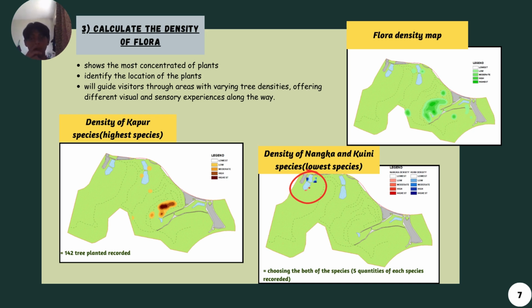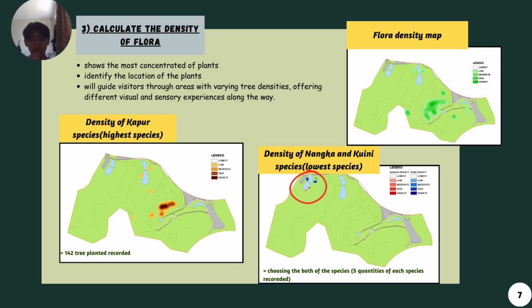We also use density for specific species like the copper species, which has 142 trees recorded, and we also identified the lowest species, which is Nangka and Queenie.